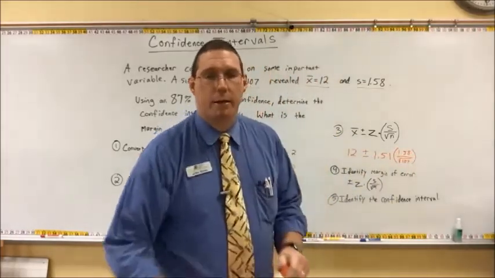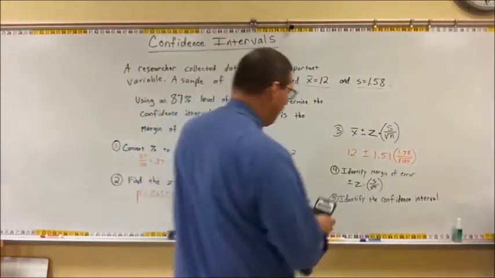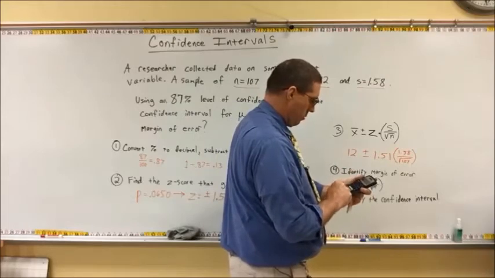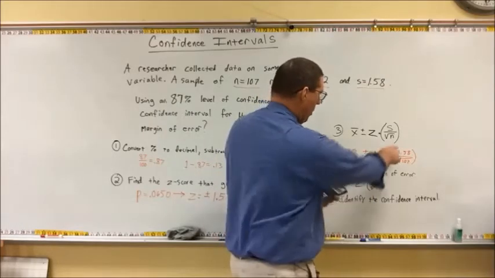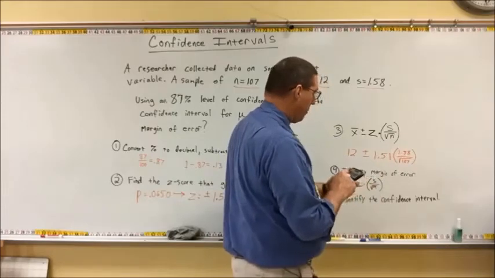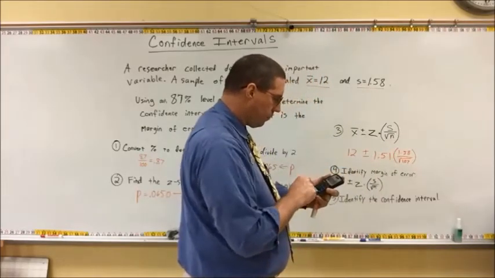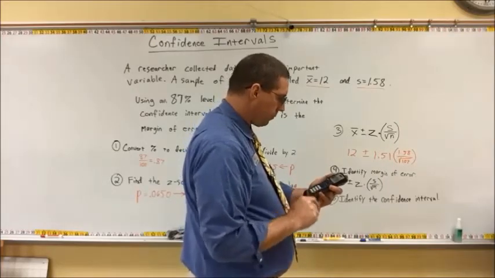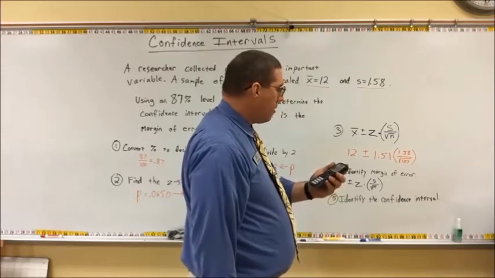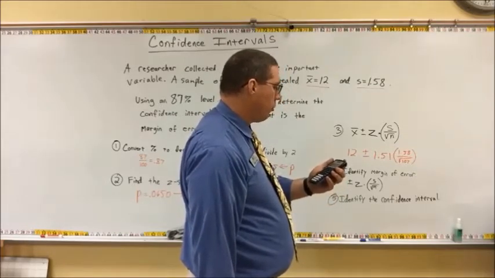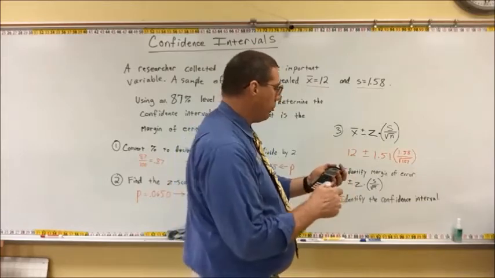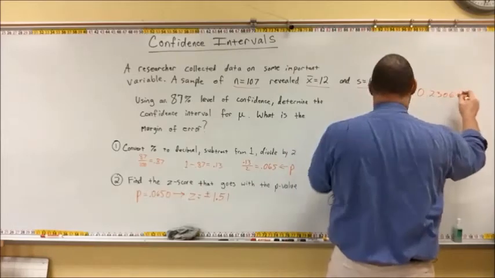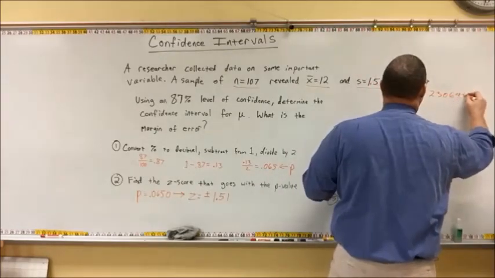So let's go ahead and get a calculator. We're going to calculate the margin of error. So I'm going to do 1.51 times 1.58 divided by the square root of 107. That's going to give us 0.2306439.